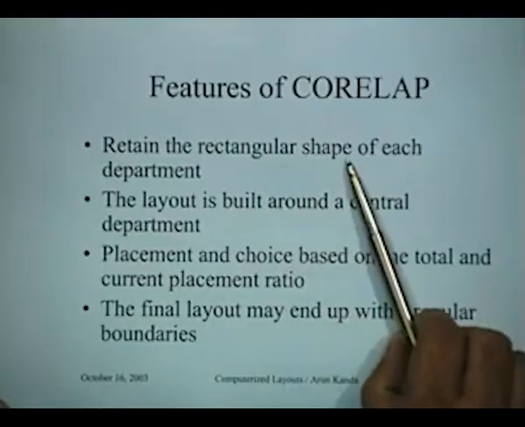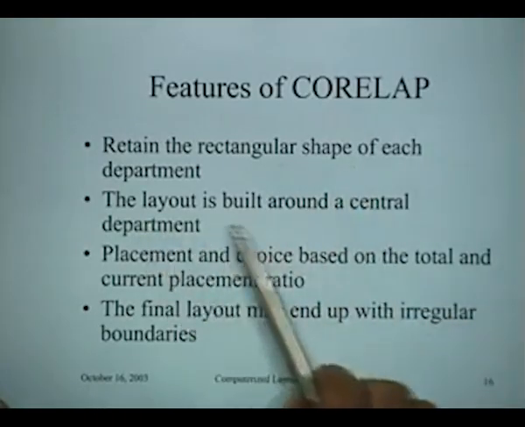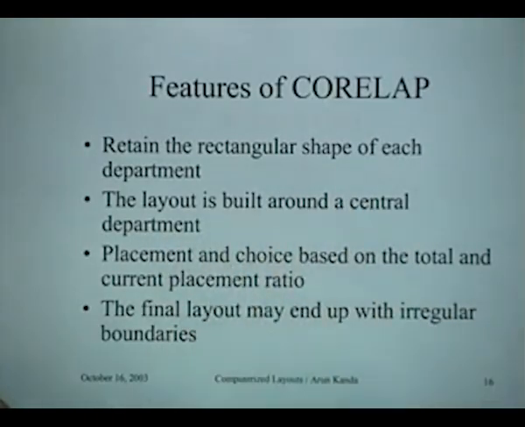You continue this. This was the attempt in CoreLab to experiment with rectangular shapes, and the layout is built around a central department, and the choice ratio is based on the total and current placement ratio. We will not go into that, because you can always devise other objectives or other criteria and metrics to choose that particular department.